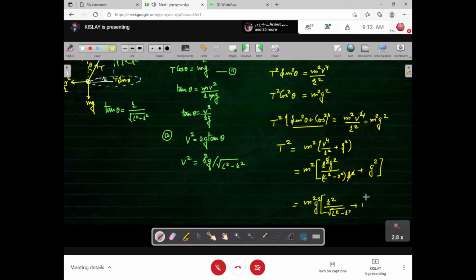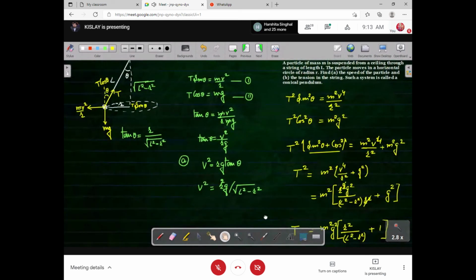This is the value of T square, and you can find it easily by taking the root on both the sides. Okay, is it clear? Is the question clear?